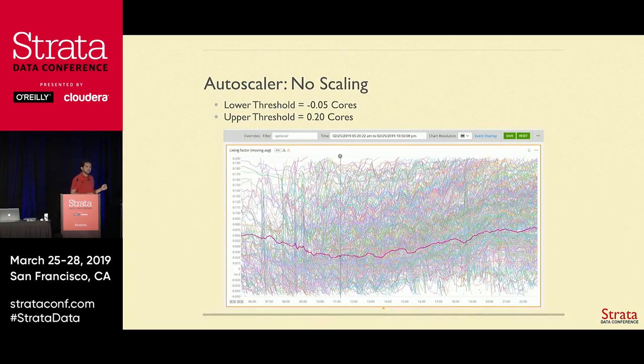These are the lying factors in real time for possibly 1,000 containers from a few days ago. And in production, our thresholds keep on changing, but at the time we took this picture, the upper threshold was 0.2 and the lower was minus 0.05. So minus 0.05 means that we do allow containers to once in a while draw more juice out of the cores than what they subscribed for, but we won't allow it in the long term.